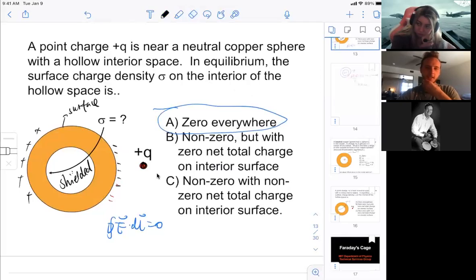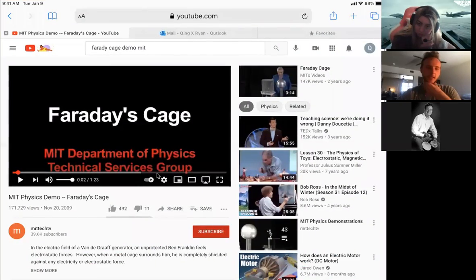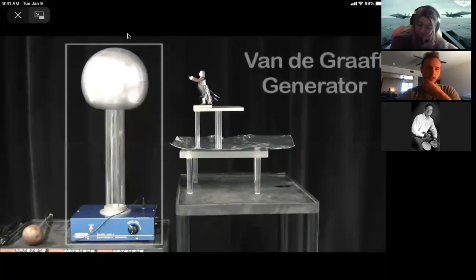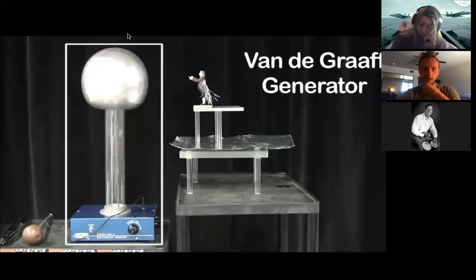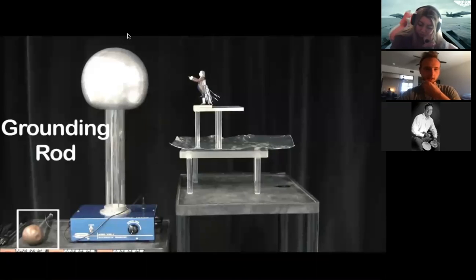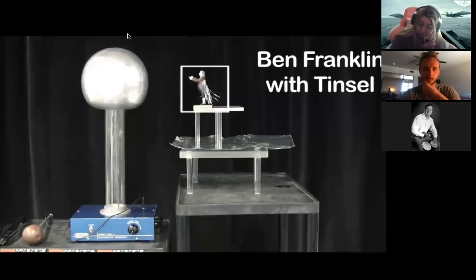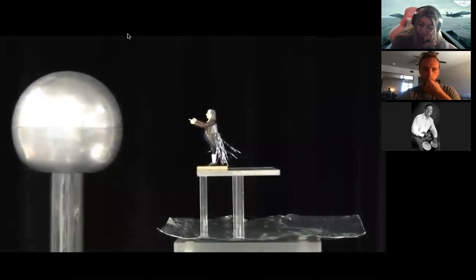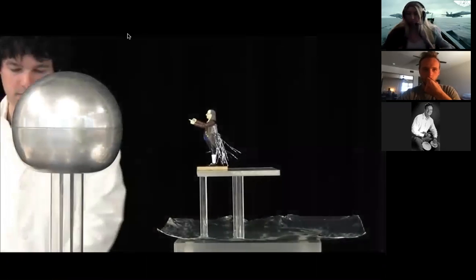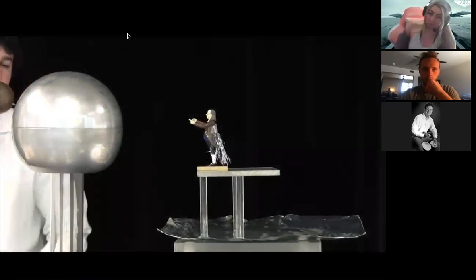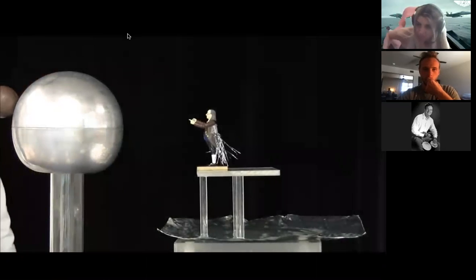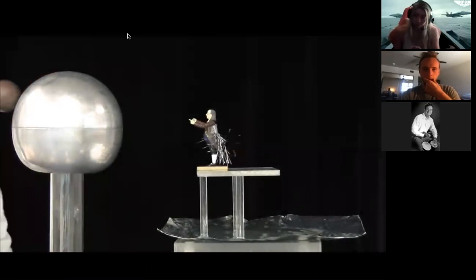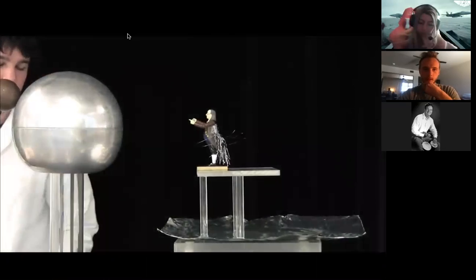So let's take a look at a Faraday's cage. Under the electric field of the Van de Graaff generator, you can see these tin foils will repel.